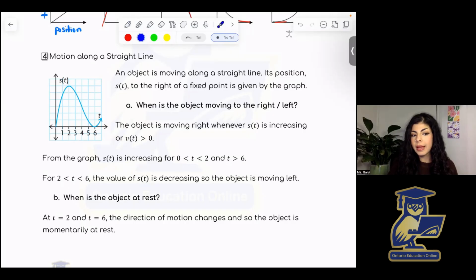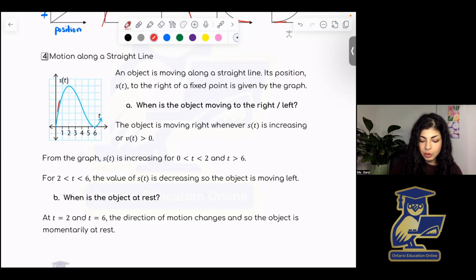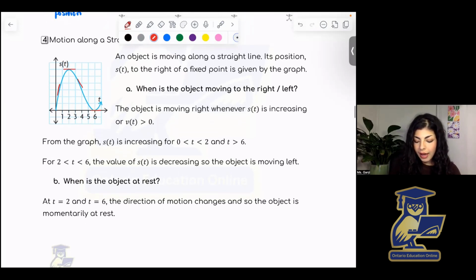Now you might be thinking, what about t equals 2 and t equals 6? Why are these not inclusive equalities? And that has to do with our next question, which is, when is the object at rest? And consider those tangents that we would be drawing for any of these points, and consider at point t2 and at point t6. We actually have at these times v of t is equal to 0.